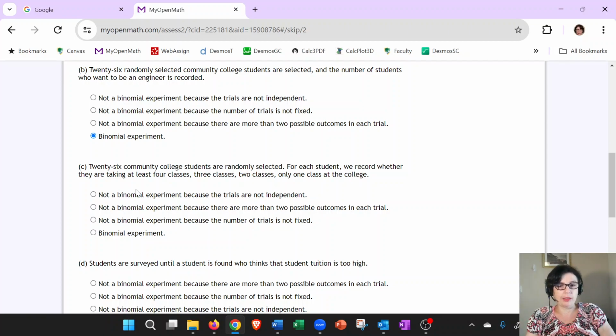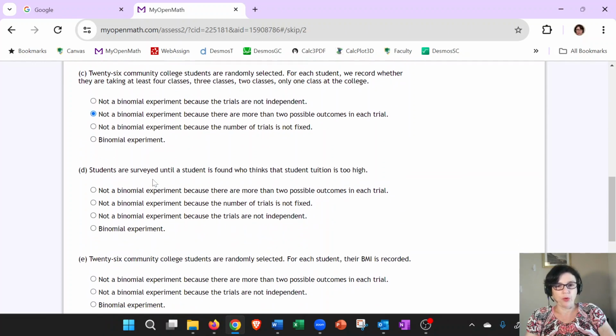So this is not binomial because we have more than 2 possible outcomes. This one says students are surveyed until a student is found who thinks that student tuition is too high. This until thing means that the number of trials is not fixed. You do not know how many students you're going to need to survey, right? So that's why it's not fixed.